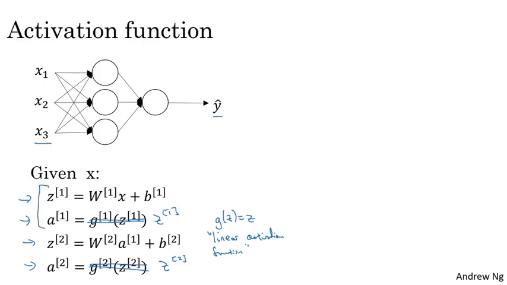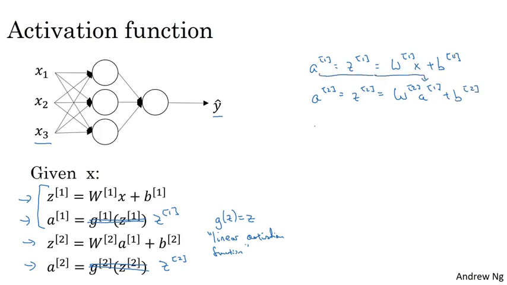To take the first two equations, if you have that a1 is equal to z1 is equal to w1 x plus b, and if then a2 is equal to z2 is equal to w2 a1 plus b, then if you take this definition of a1 and plug it in there, you find that a2 is equal to w2 times w1x plus b1. Let's clean that up a bit, right?